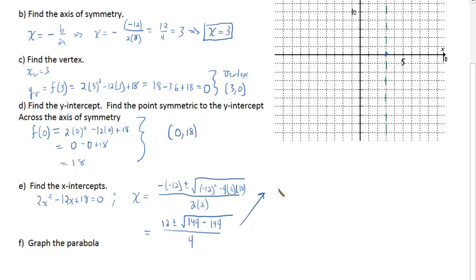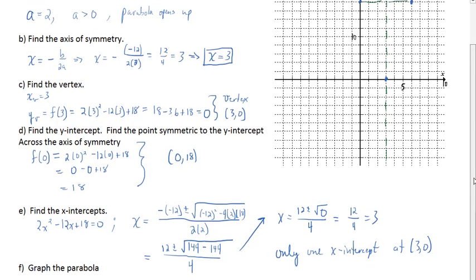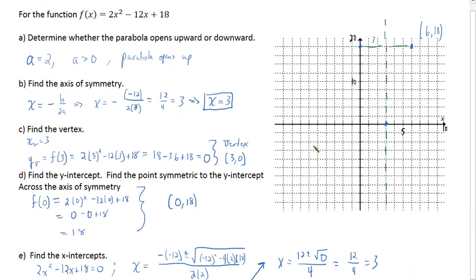So then x is equal to 12 plus or minus the square root of 0 over 4. Now the square root of 0 is 0, so we now have simply 12 over 4, which is 3. This tells me there is only one x-intercept. Specifically at 3, 0. I've already plotted that x-intercept at 3, 0.